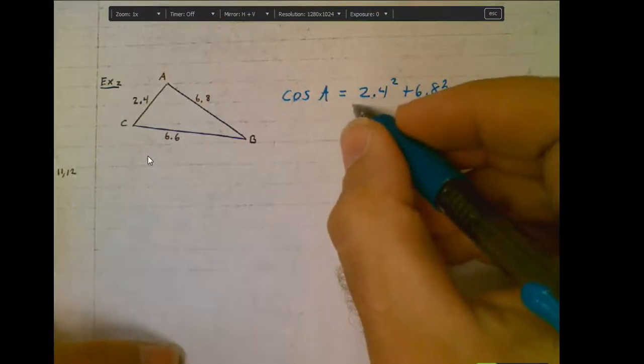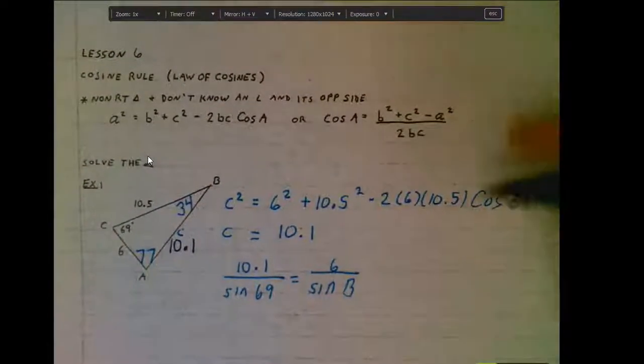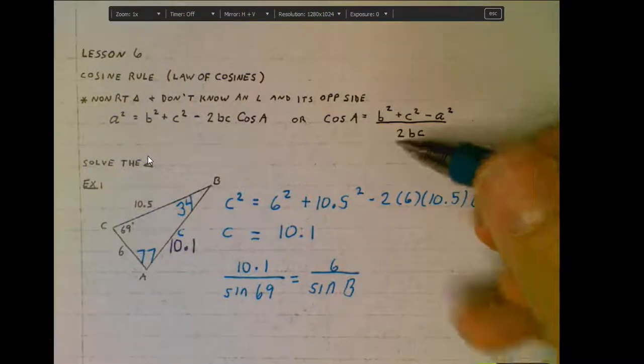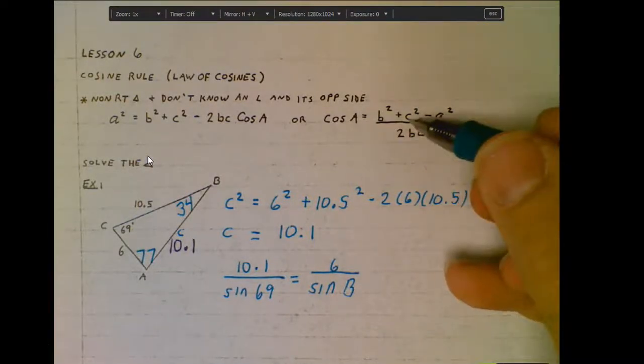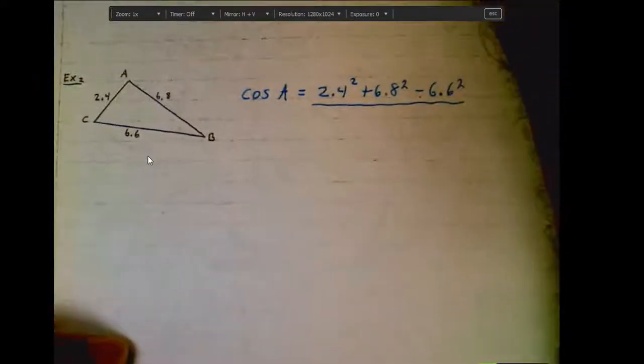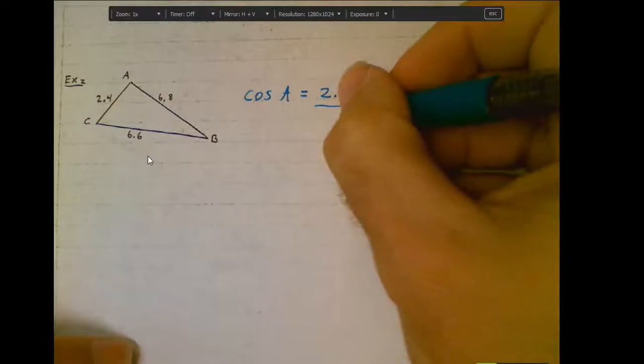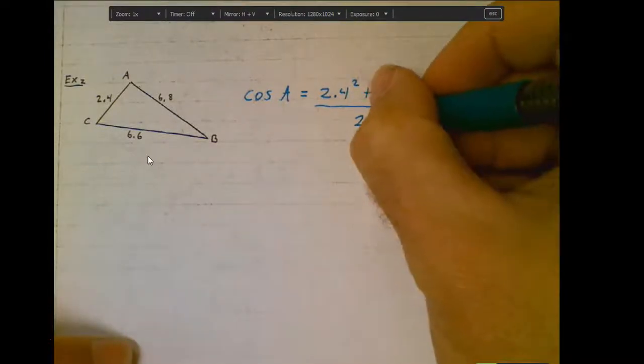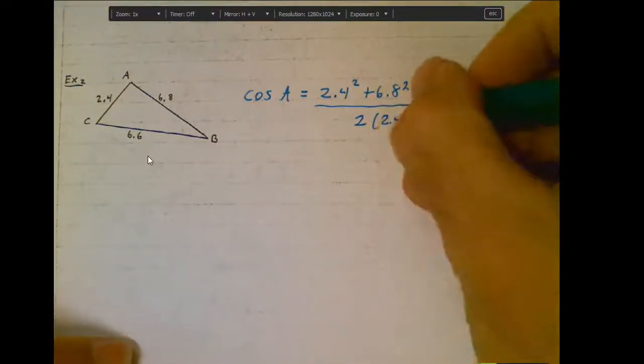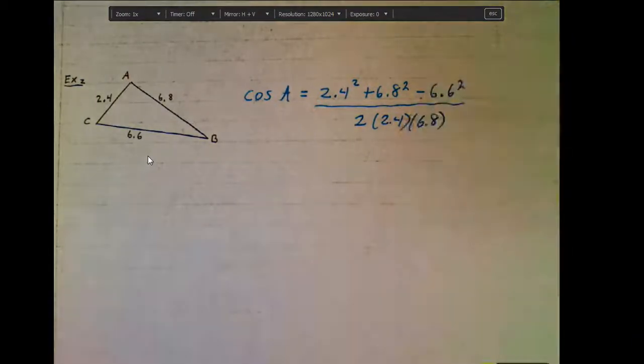On bottom, if I fill in the rest of that, looking at this formula right here, this same number and this same number are those 2 numbers. So I can now plug in my 2, 2.4, 6.8. So that would be our setup.